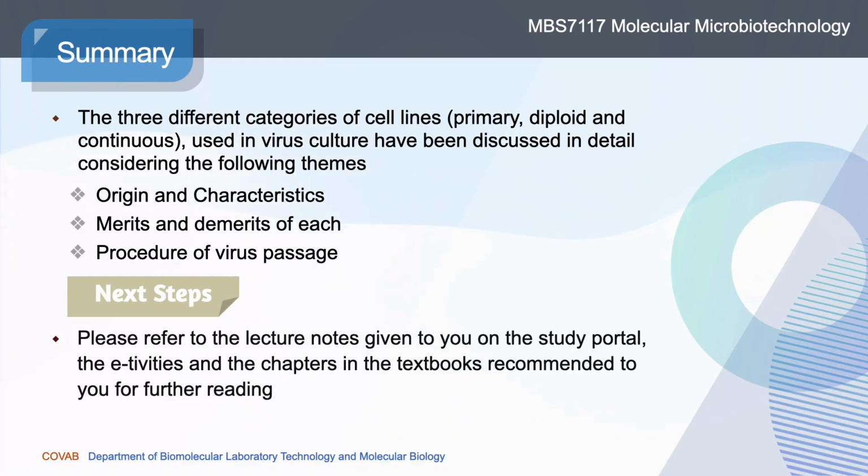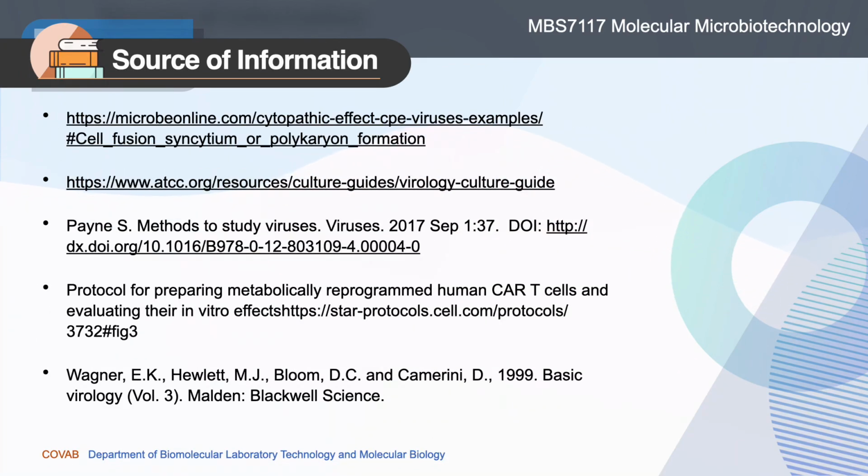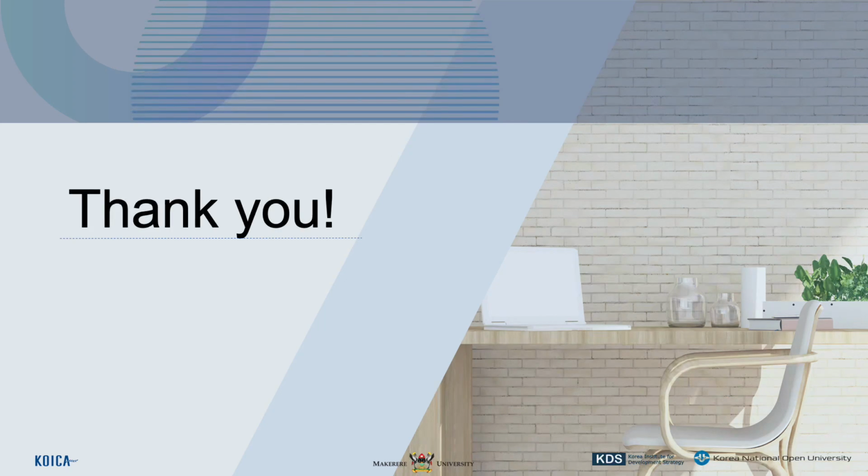Our next steps would be for you to refer to the lecture notes given to you on the study portal, and the chapters in the textbooks recommended to you for further reading also in the study portal. This has been our source of information. Thank you.